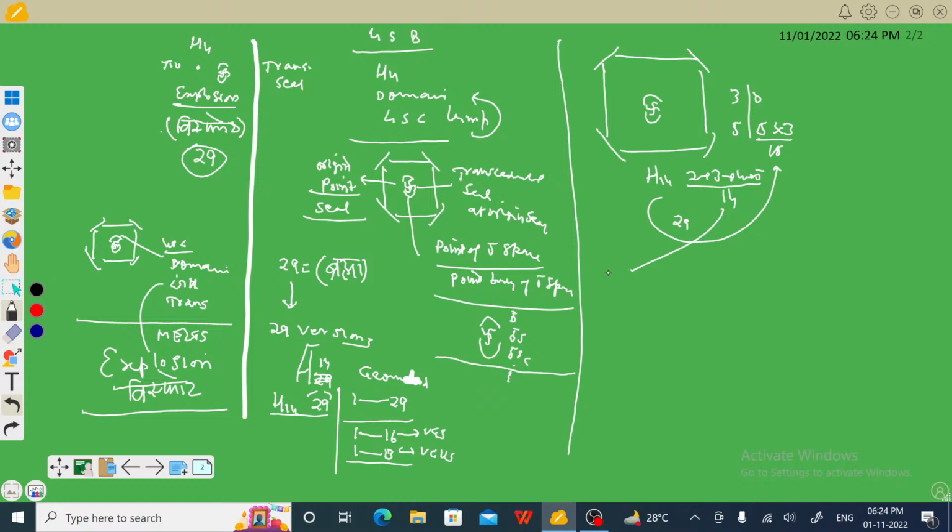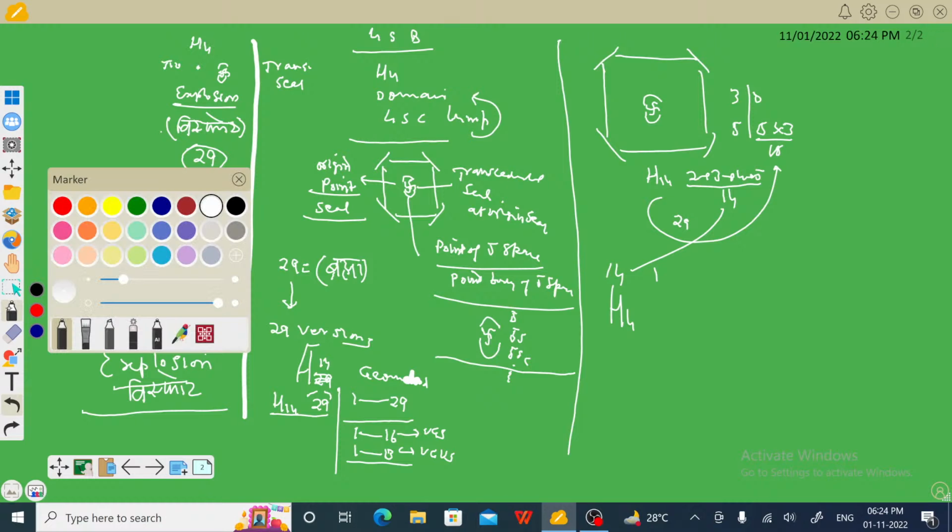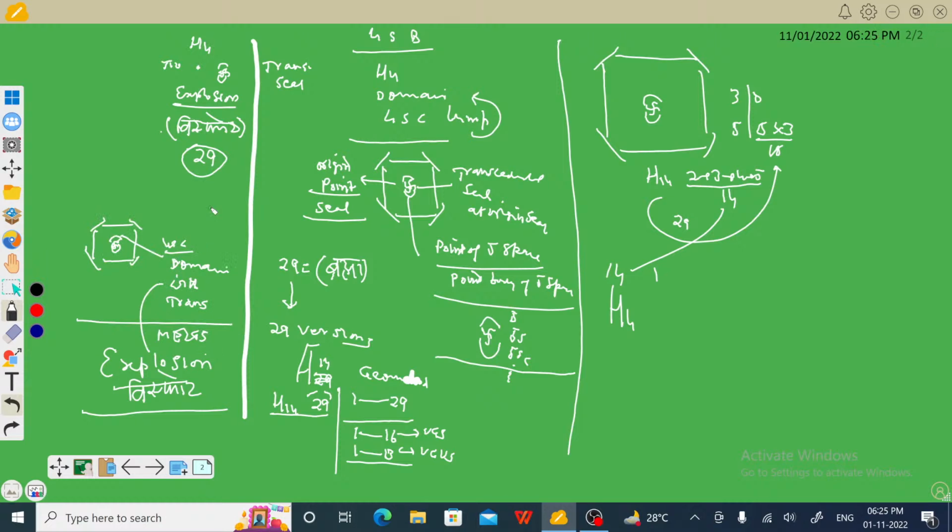And Hypercube 14 is Hypercube 4, while 15 is equal to Hypercube 4 but of its half unit. So this again is Hypercube 4.